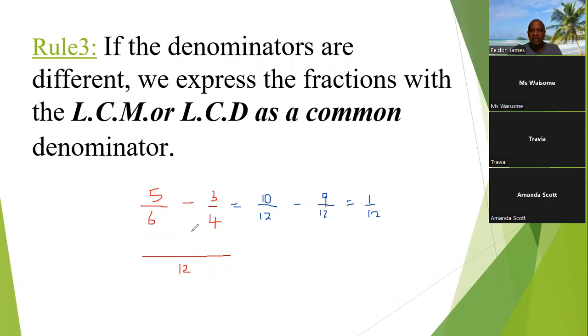And then what you would say now, you take each of these denominators into the LCM and then times the numerator. So you say 6 into 12 goes 2 times. Then you take the 2 now, times the 5, and you get what? 10.